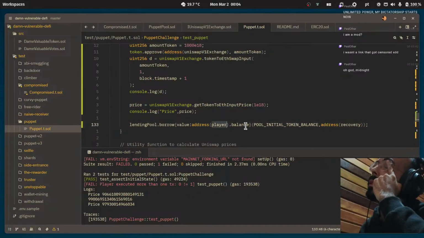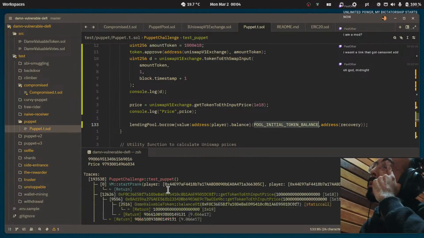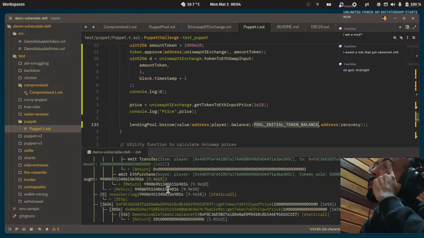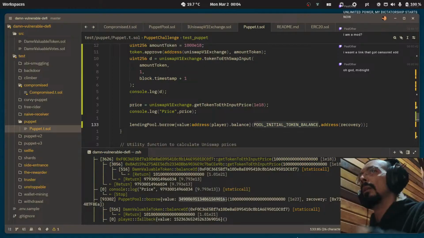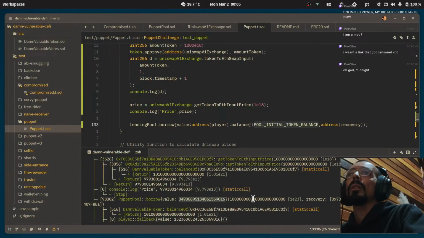Layer balance. What's the error? Yeah, borrow. Yeah, like we do the calculation, 34. We send to recovery.